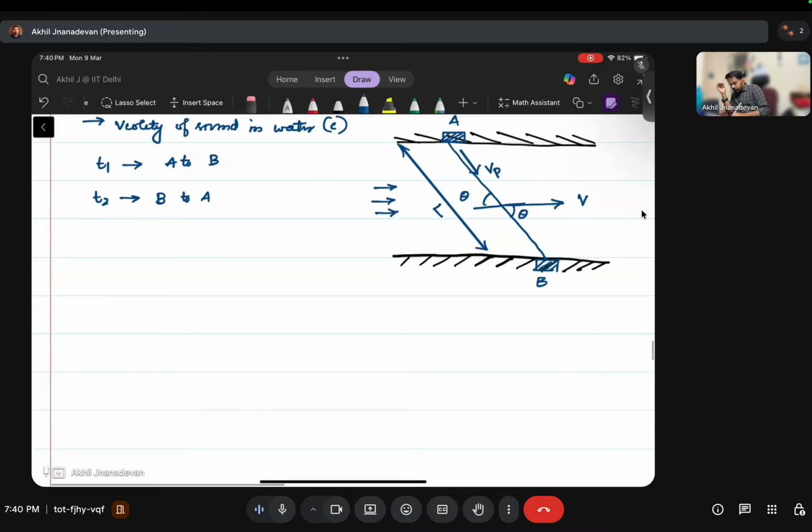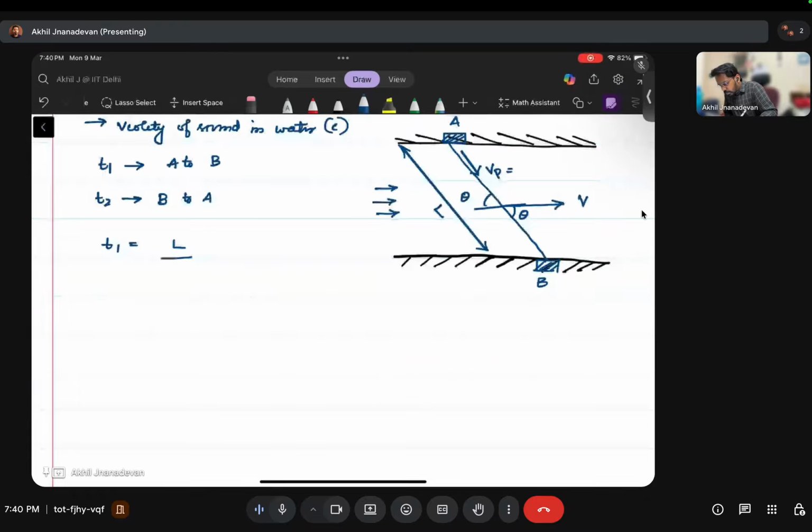So T1 will be nothing but distance traveled by velocity, that is L by V. When it travels from A to B, one component of the velocity is parallel. This VP, the component parallel, will be equal to V cos theta, right?